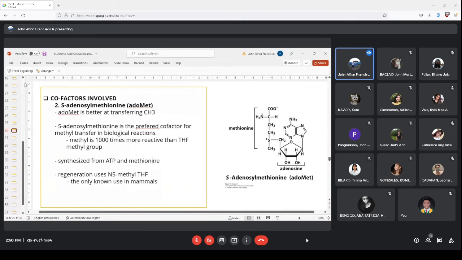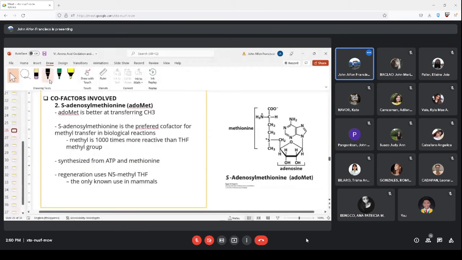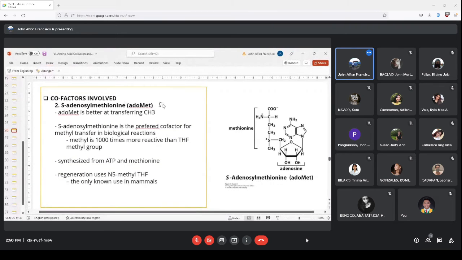Next cofactor is adomet, or S-adenosylmethionine, which we name SAM. This is a better compound for transferring CH3. I mostly encounter SAM in methylation of biosynthetic compounds.